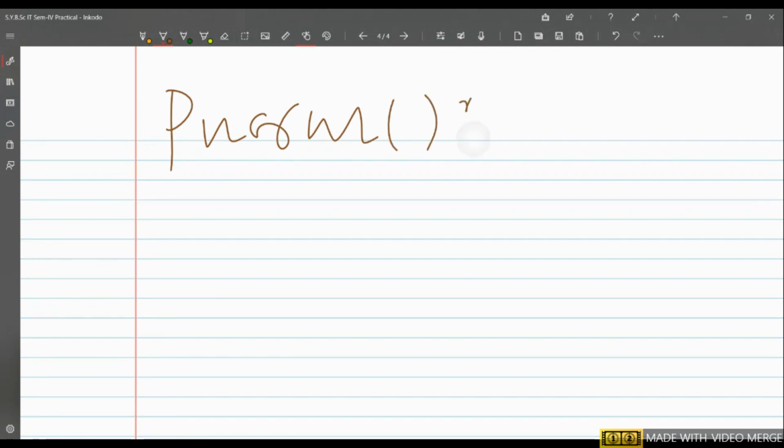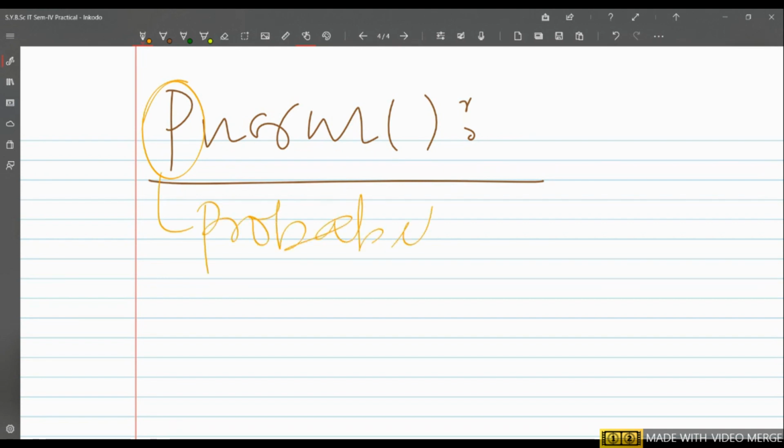The pnorm function is actually used to find the probability. Let me explain this first. P stands for the probability, and norm stands for again the normal distribution. So what does this compute?